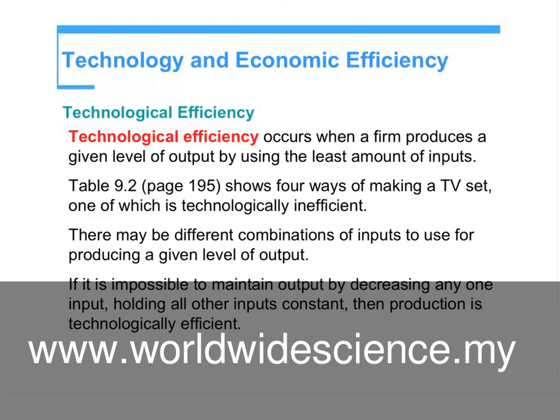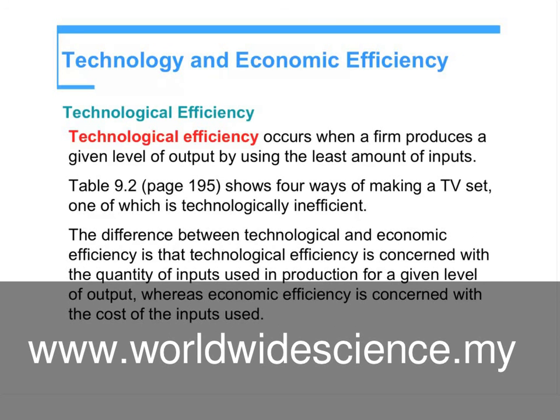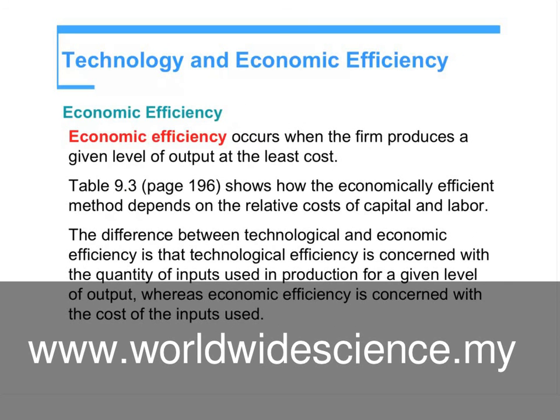Okay, so now what is economic efficiency? Economic efficiency occurs when the firm produces a given level of output at least cost. So this is mostly regarding cost, and you can see also in your book how the economically efficient method depends on the relative cost of capital and labor. The difference between technological and economic efficiency is that technological efficiency is concerned with the quantity of inputs used in production for a given level of output, whereas economic efficiency is concerned with the cost of the inputs used.